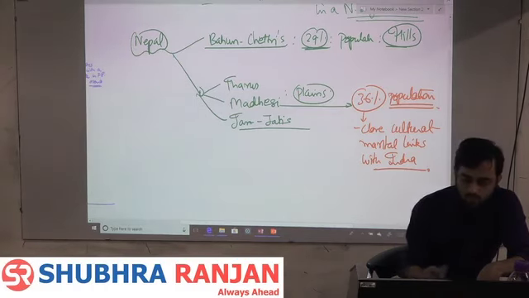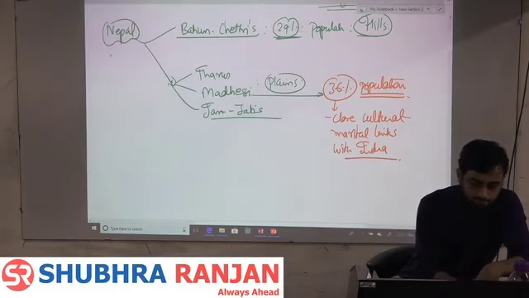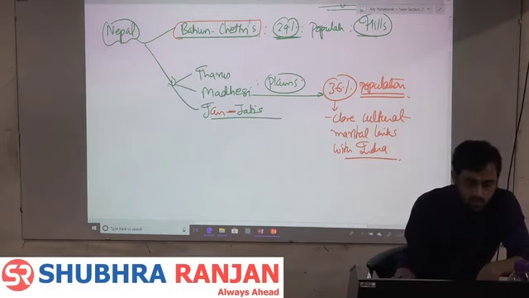The Janjatis are the Adivasi population. And the Tharus are another ethnic group.